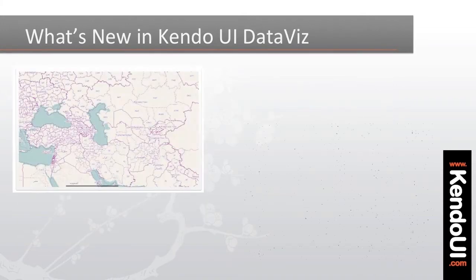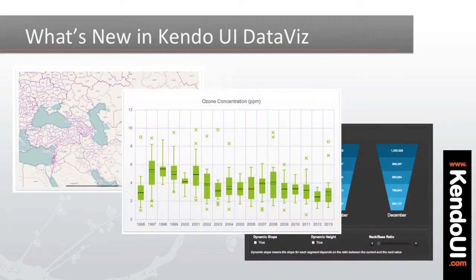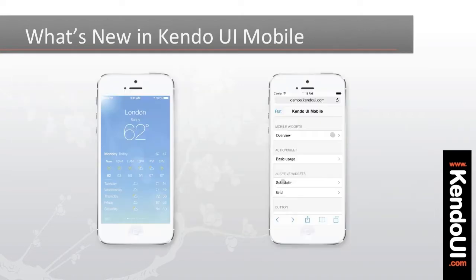For Kendo UI Data Viz, we're excited to announce the beta of a brand new mapping control with support for GeoJSON and third-party tiling services. Maps are also responsive and touch capable from the get-go. And we also found the time to add 5 new chart types in this release, which is pretty exciting, adding to what is already a great collection of charts and graphs in Kendo UI Data Viz.